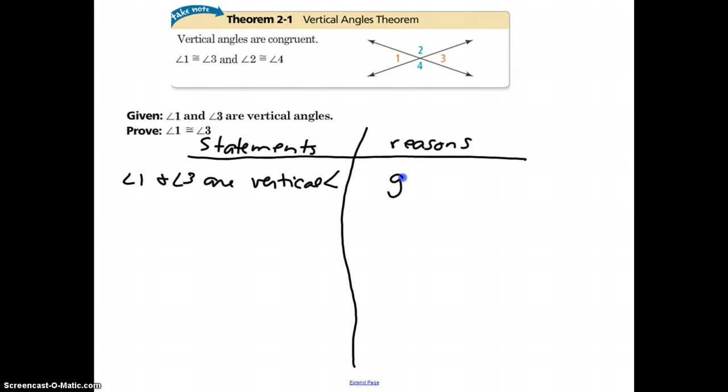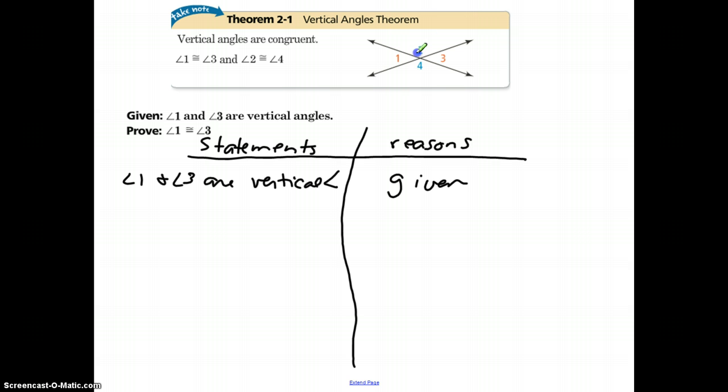And our reason, how do we know that? It's given to us. It's plain as day. Alright, so from there, we got to try and prove that these are congruent. Well, we got to use stuff we've already learned. Is there another angle pair in here that we've already learned? Did someone say linear pair? If so, you're right. There are some linear pairs in here. We have a linear pair at angle 1 and angle 2, a linear pair with angle 2 and angle 3, a linear pair with angle 3 and angle 4, and a linear pair with angle 1 and angle 4.